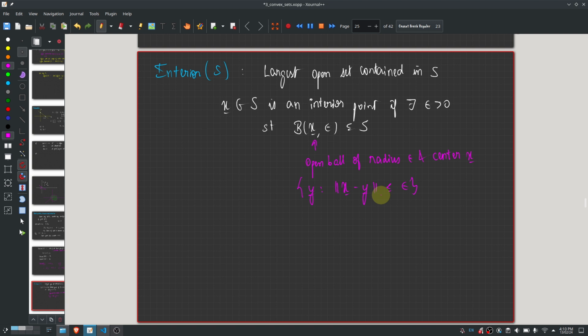And in general, this could be any norm. It doesn't necessarily have to be the 2 norm. If x is an interior point according to one particular norm, let's say the L1 norm, then it's also an interior point with respect to the L2 norm.